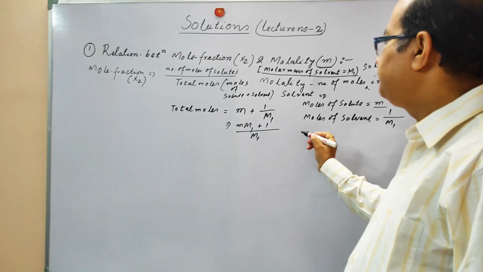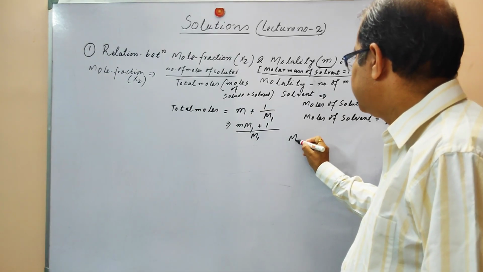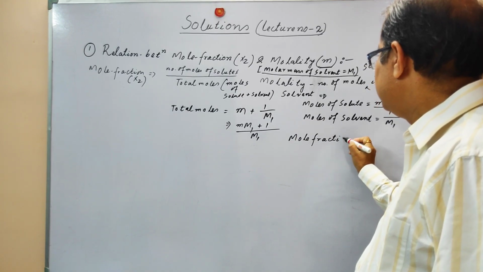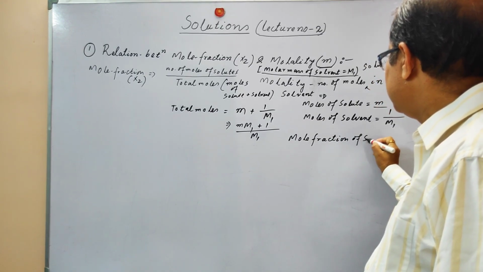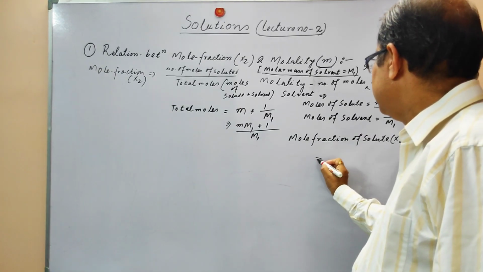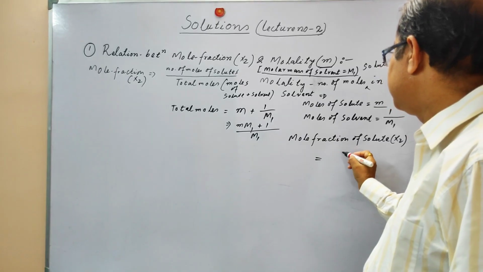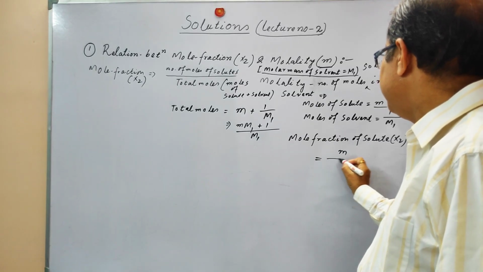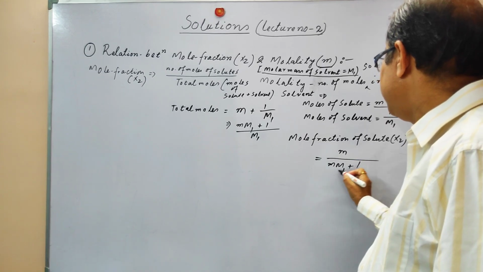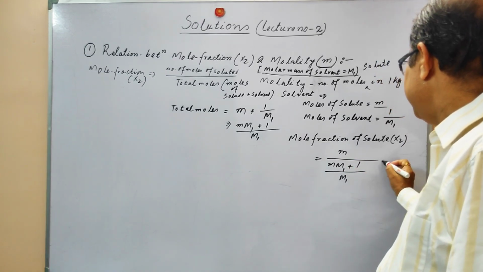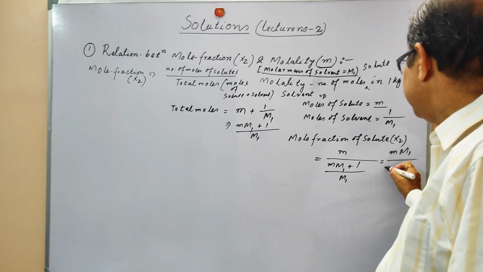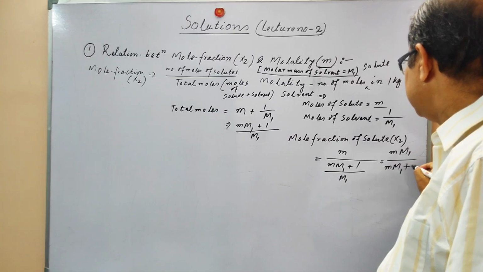So the mole fraction of solute, X2, is small m divided by small m plus 1 by M1, and it gives small m M1 divided by small m M1 plus 1.